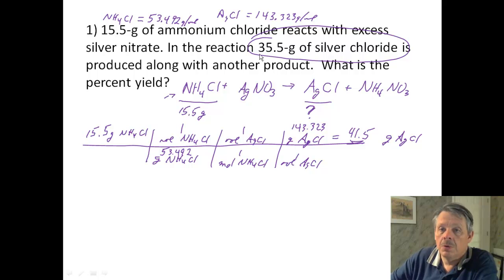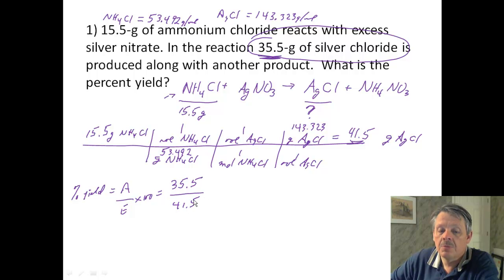Well, we only have 35.5 grams that's produced. So we have to remember that our percent yield is what we actually got over what we expected times 100. So what we actually got was 35.5 grams, and what we thought we were going to get was 41.5 grams.